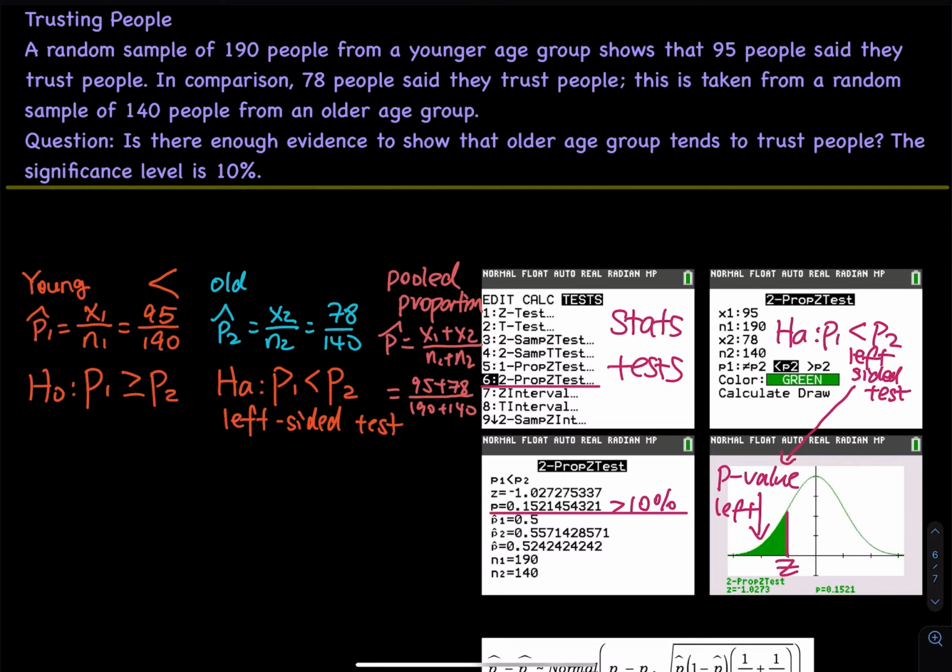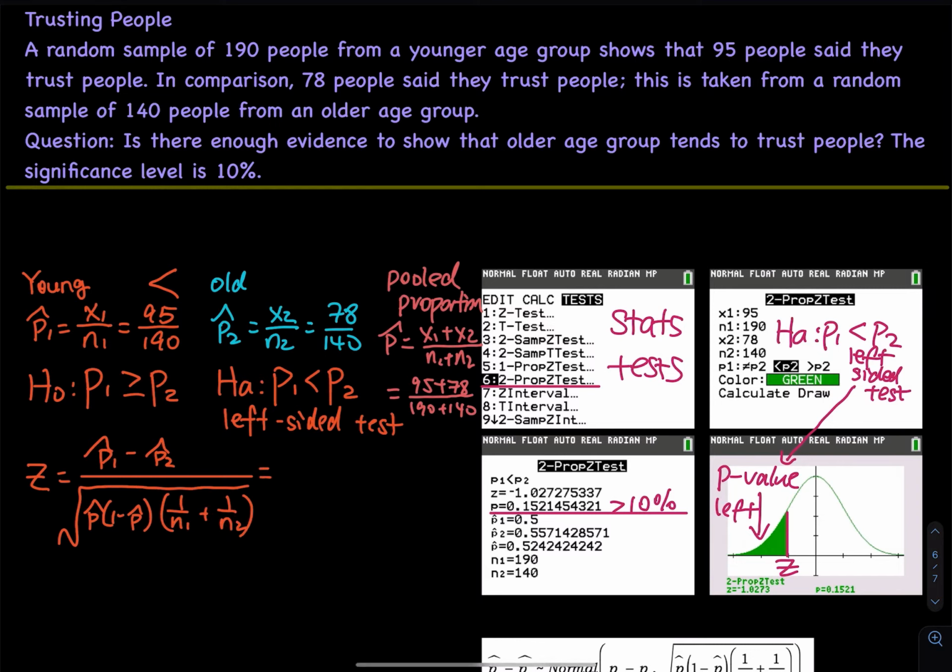So when you hit calculate, you have the z and the p. So the z, let me give you the formula. z equals p1 hat minus p2 hat, divided by the square root of the pooled proportion p hat times 1 minus p hat, and then multiply by 1 over n1 plus 1 over n2.